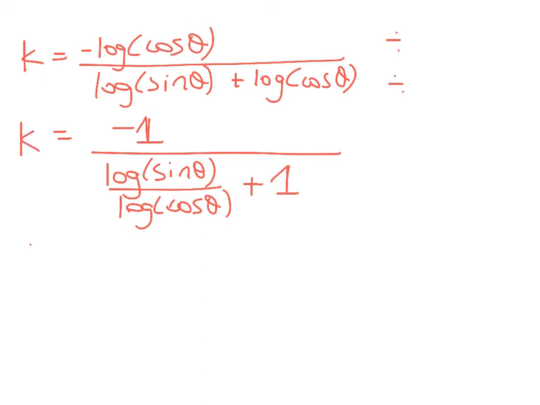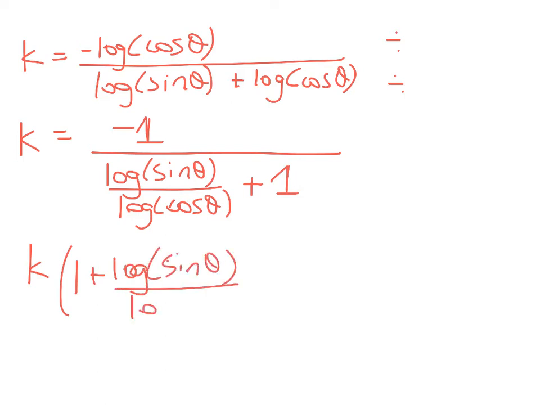Right, cross multiplying now, I get k times 1 plus log of sine theta over log of cos theta, equals -1. So where we're going is we're going to get an expression for the log of the sine over the log of the cos in terms of k.